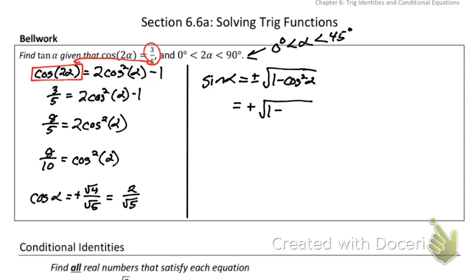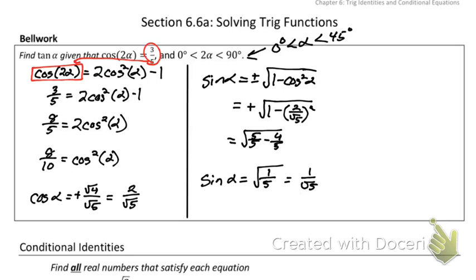It's the square root of 1 minus 2 over square root of 5 squared, which is going to equal, I'm going to change the 1 to 5 over 5, minus 2 squared is 4, square root of 5 squared is 5. So sine alpha is going to equal a positive square root of 5 minus 4 is 1 over 5, which is really 1 over square root of 5.